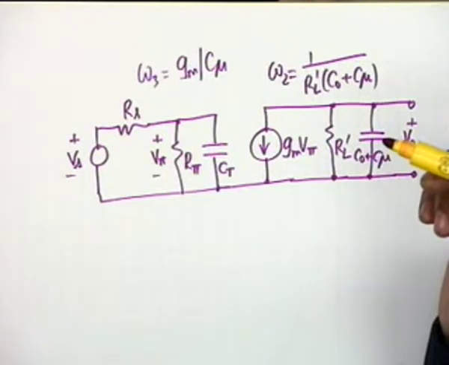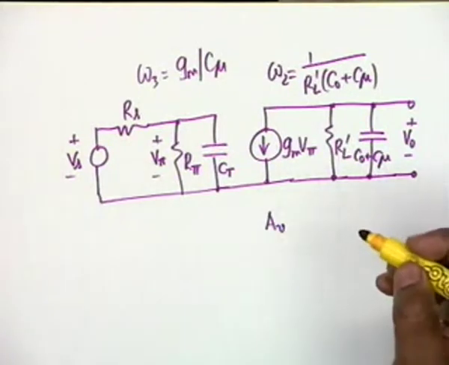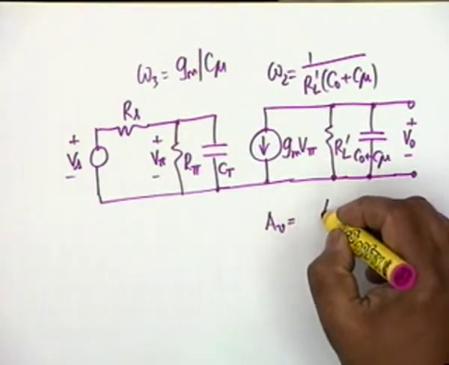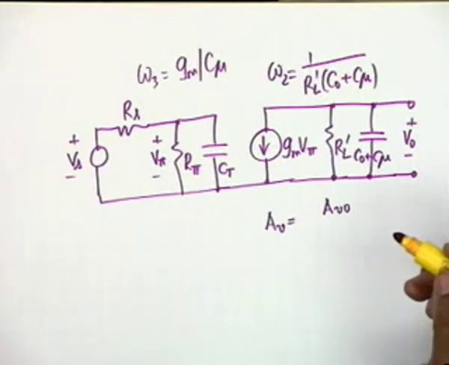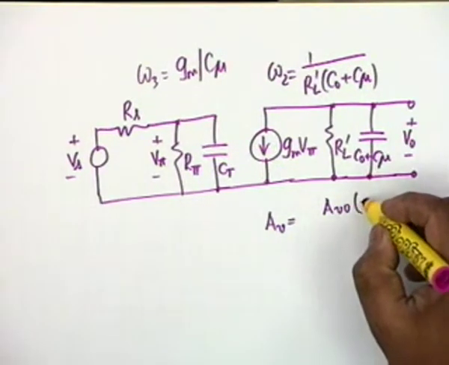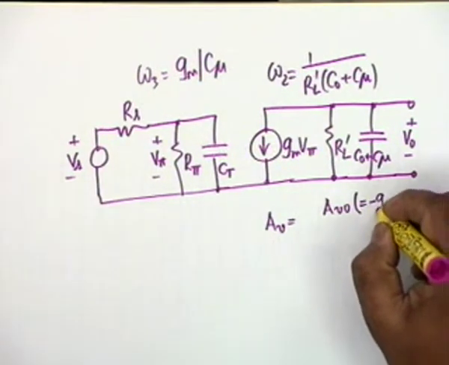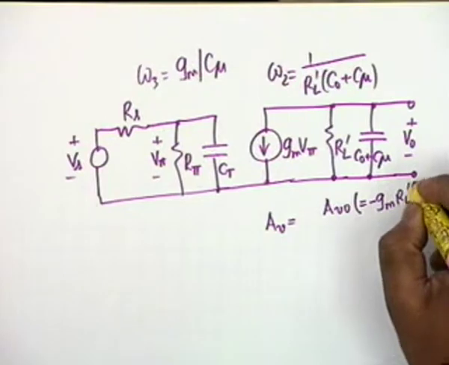Okay, and we had found out that AV was simply equal to AV0, which was, what was AV0? Yes, what is the value? Minus gm RL prime.